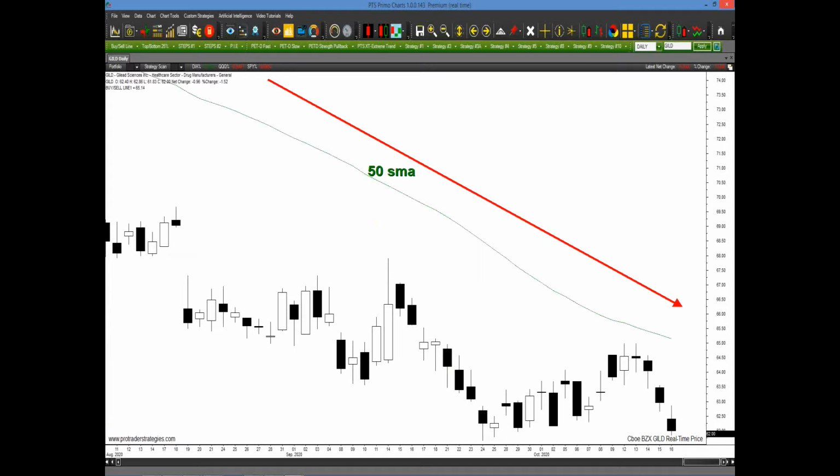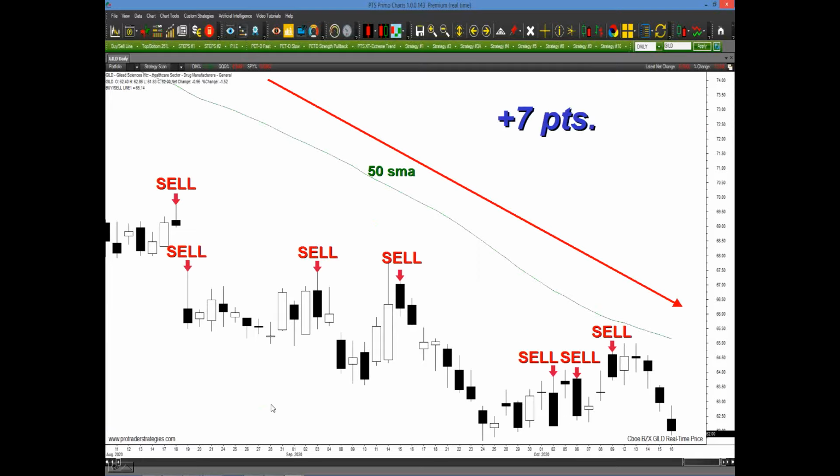Well, if I apply the 50-period moving average, it was telling me all along the overall trend was down. So that's all I needed to know in the first place. And then look at all these bars that close in the bottom 25%, okay? Here, here, here. Look at all the short term telling me it wants to go lower. Now, if we apply the remaining two rules of strategy 4, do you think it could have made some money here on the short term?